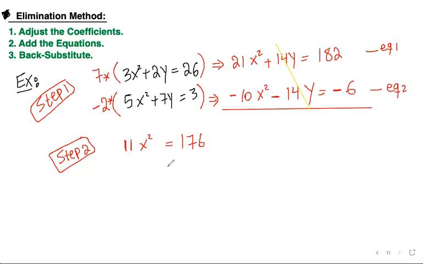Okay. Now, divide both sides by 11. Divide this by 11, this by 11. I get now x squared equal, 176 divided by 11 is 16.